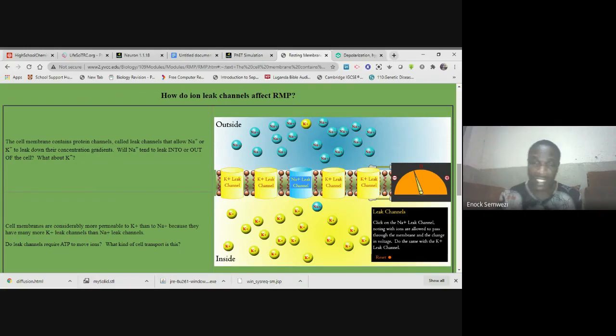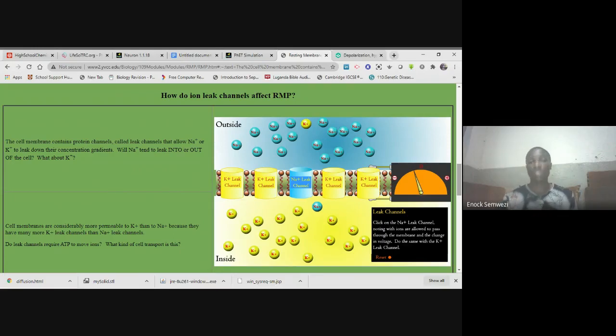So what does this mean? It means that the membrane is more permeable to potassium ions than the sodium ions. Let me make it more clear. The membranes of cells have many potassium leakage channels compared to the sodium leakage channels.